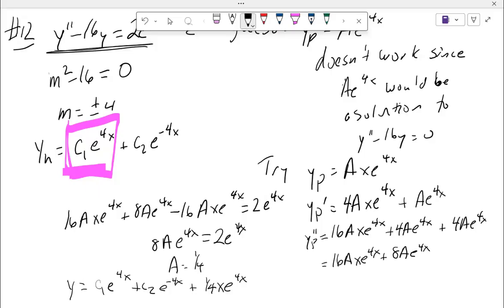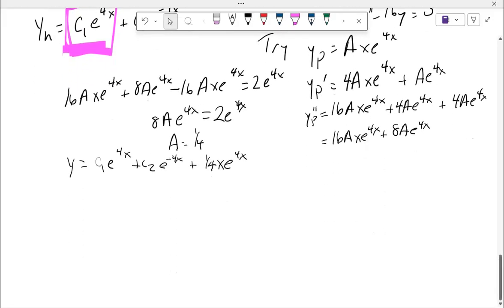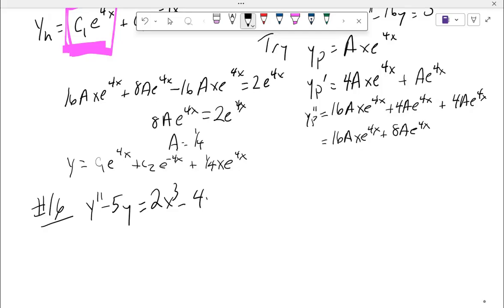All right, let's look at 16. y double prime minus 5y equals 2x cubed minus 4x squared minus x plus 6. Oh, this is a y prime.